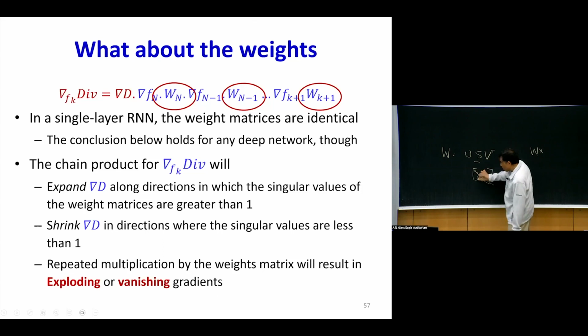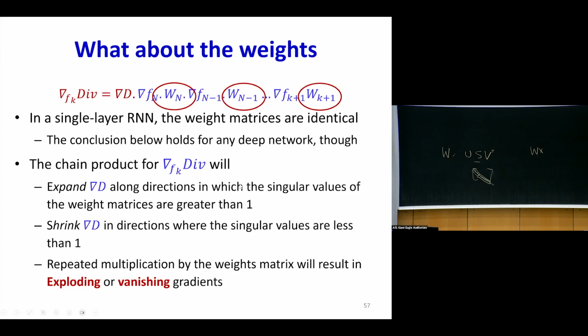If it aligns with the small singular values, it's going to shrink. If it aligns with the larger singular values, it's going to expand. The behavior is unpredictable. If I have a 1,000 by 1,000 matrix with 1,000 singular values, you may have maybe 10 singular values which are large and 990 which are small. If I randomly pick a direction, most vectors are going to shrink, right?